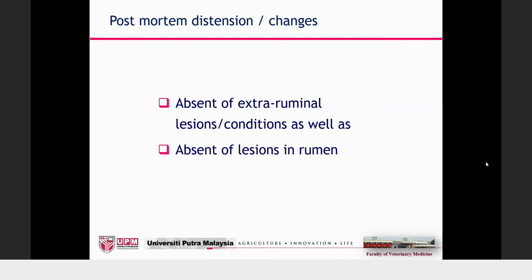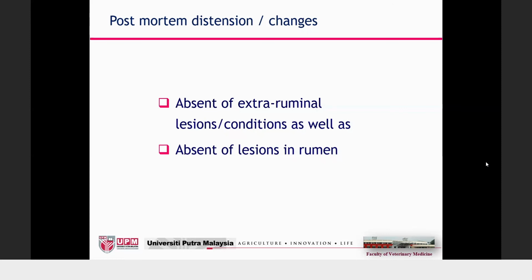I already mentioned that when we are in the postmortem room, when you conduct a necropsy, your mind is based on three things. One is agonal change, any changes that occur during the process of death. Second, postmortem change, any changes that occur after death. And what we are looking for in diagnosis is actually a lesion.